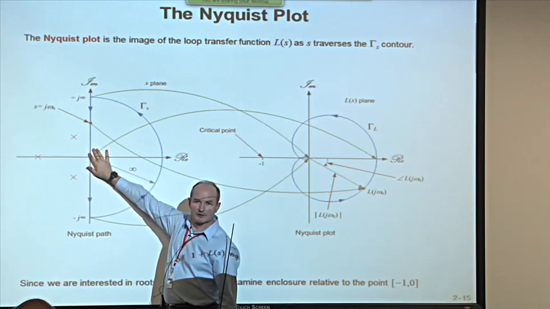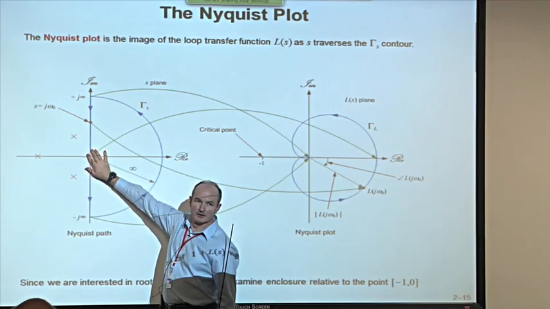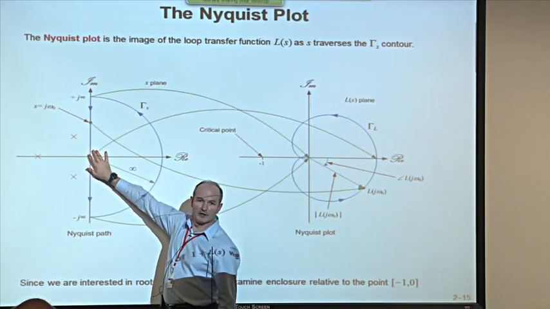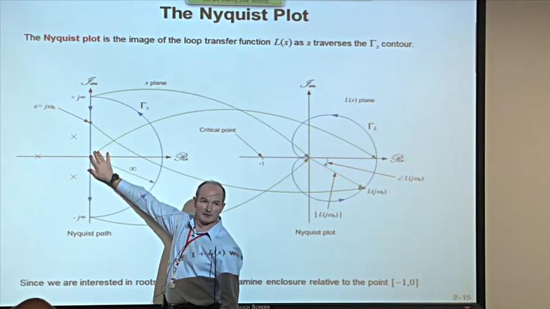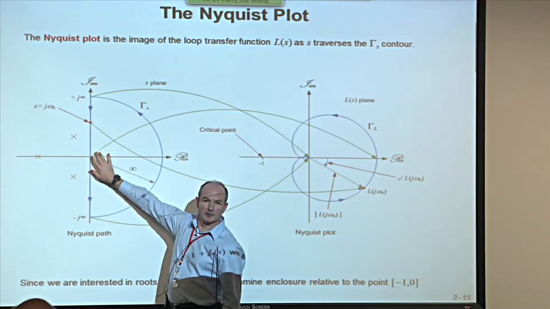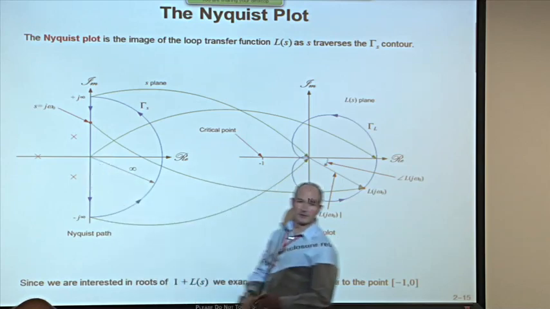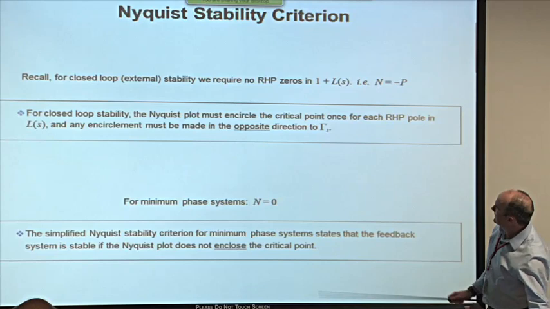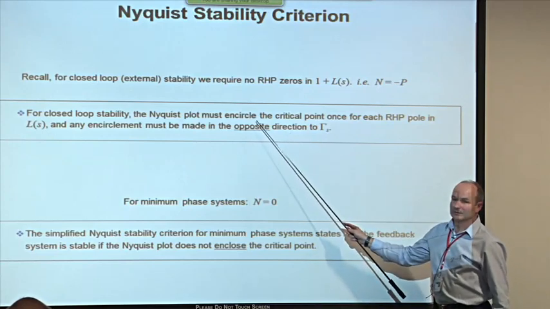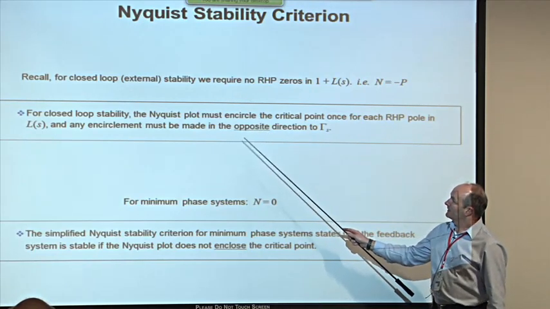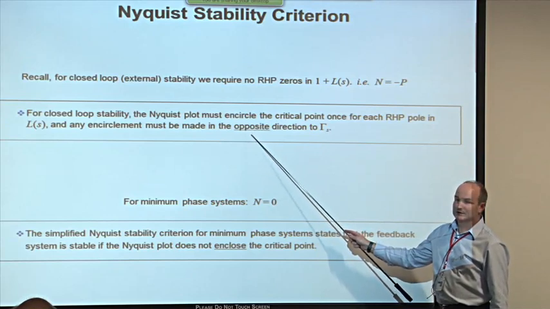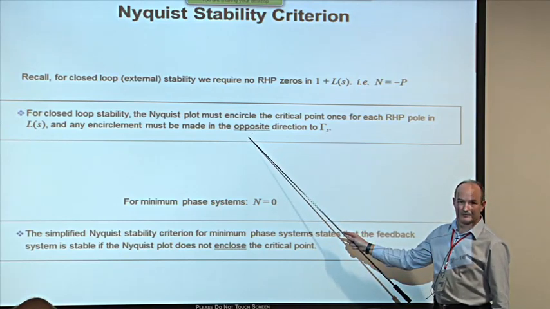So you've got a pole over here. What can we say about the open loop? Anything that has a pole in the right half plane is unstable, isn't it? So for unstable open loop systems, we can apply the Nyquist criterion by counting the number of encirclements of the -1 point and stipulating that they must be made in the opposite direction to the Nyquist path.